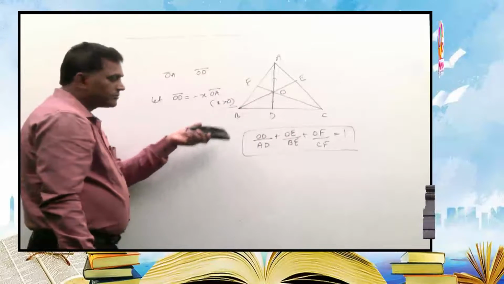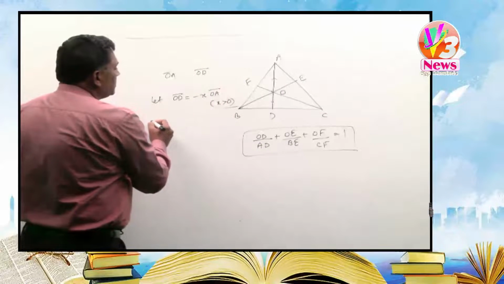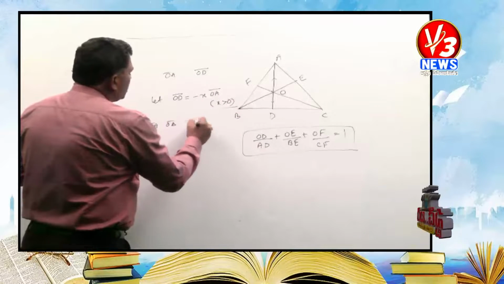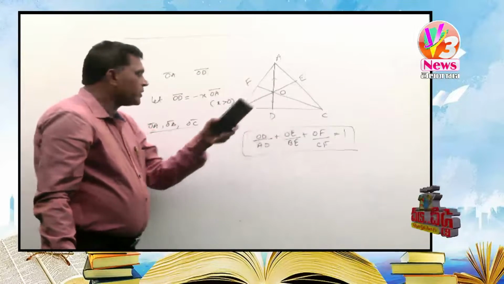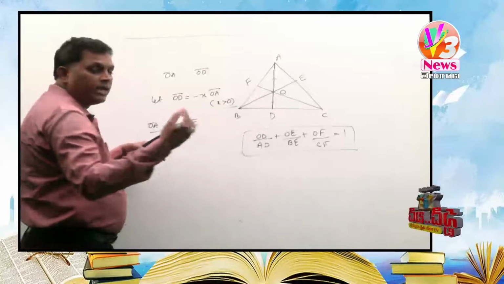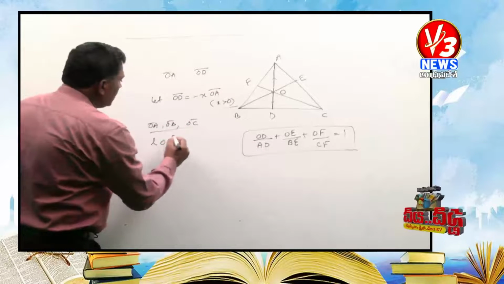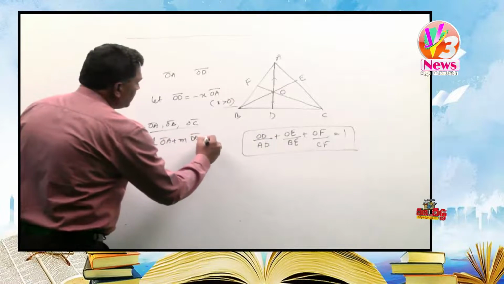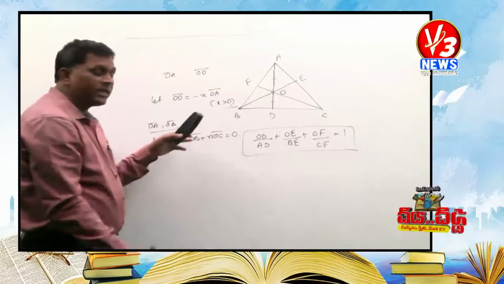Now, these 3 vectors OA bar, OB bar, OC bar are coplanar, lying in the same plane. That's why there exist some scalars such that L OA bar plus M OB bar plus N OC bar equals 0.